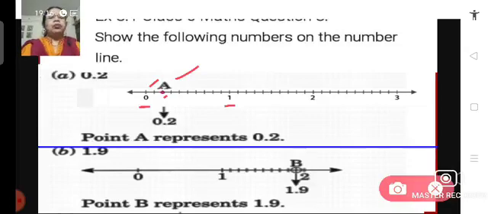Then B, 1.9. 1.9 lies between the whole numbers 1 and 2. The gap between 1 and 2 is divided into 10 equal parts, and 1.9 is the 9th point, that is B. B represents 1.9.